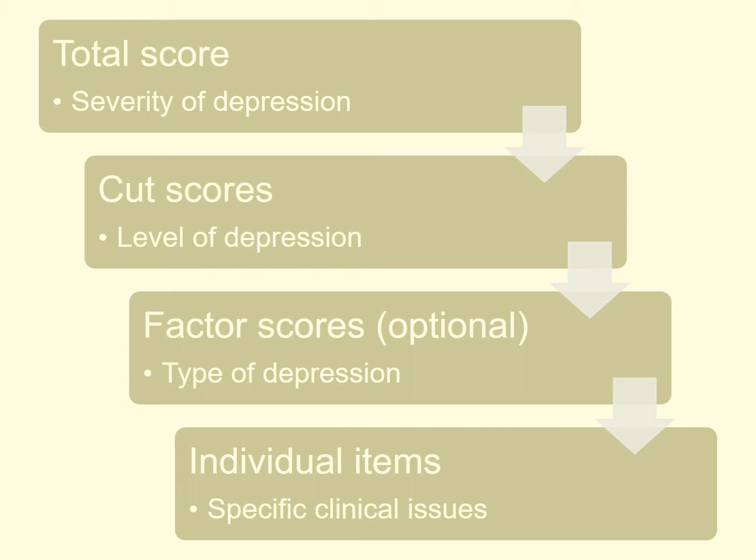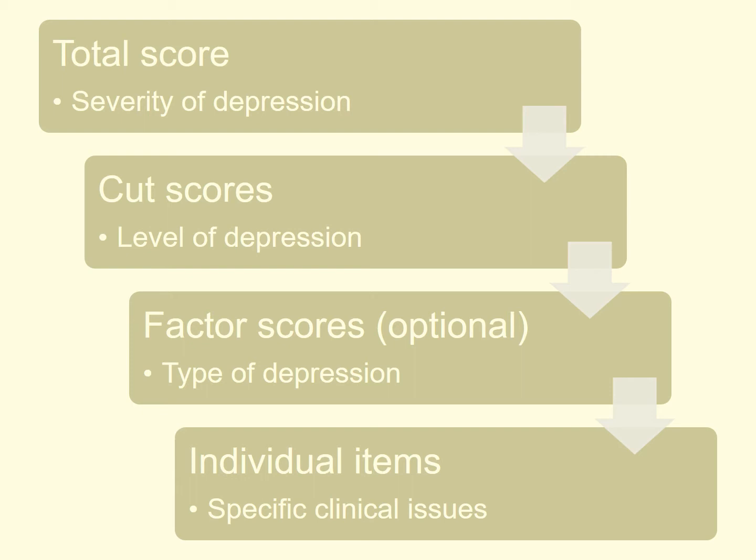Then you begin to go to successively finer levels of specification. So in the case of the Beck, we'll begin with just the total score as an index of overall level of depressive symptomatology. We might, if we want to, move beyond that to consider some cut scores. Does the person score within a range that's associated with a particular severity, or might almost want to say type of depression? We might want to go even further beyond that to consider factor scores.